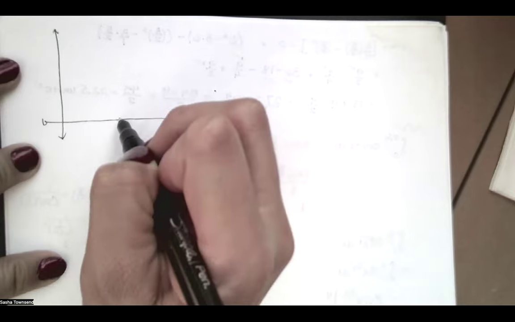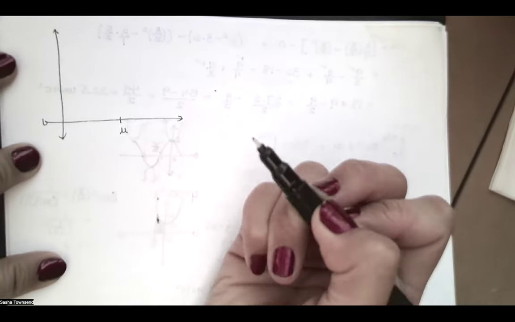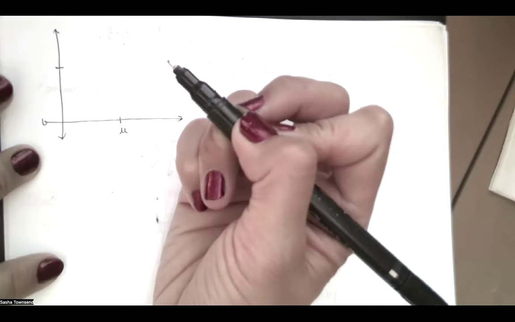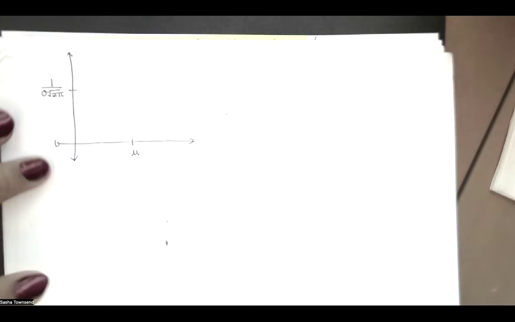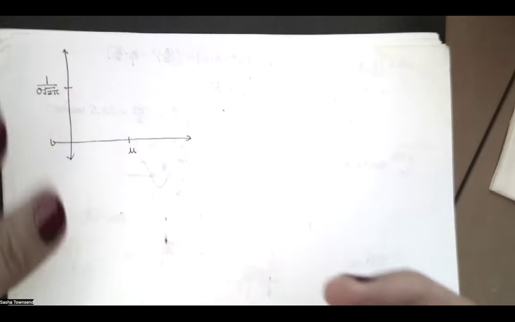This is what I get if I graph my function by hand. Here's my mu. And what was that maximum value? I lost my, was that 1 divided by sigma times the square root of 2 pi? I think it was.